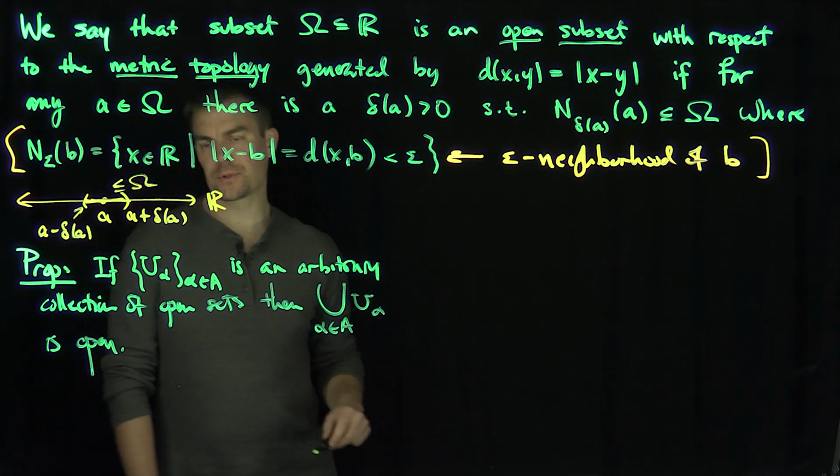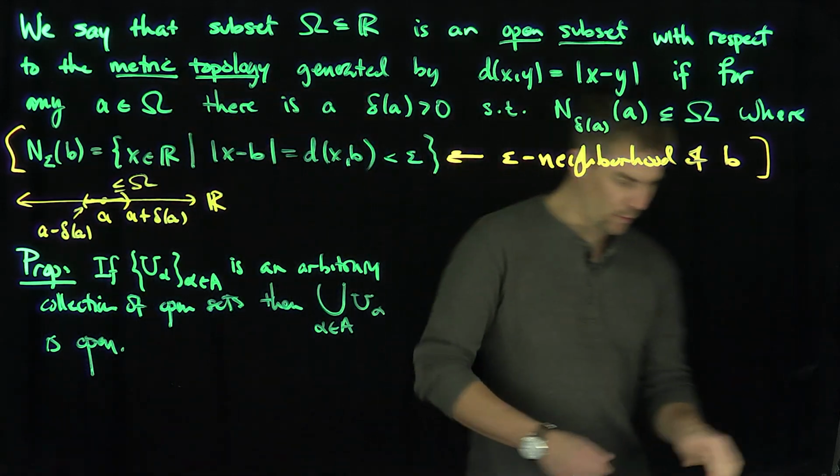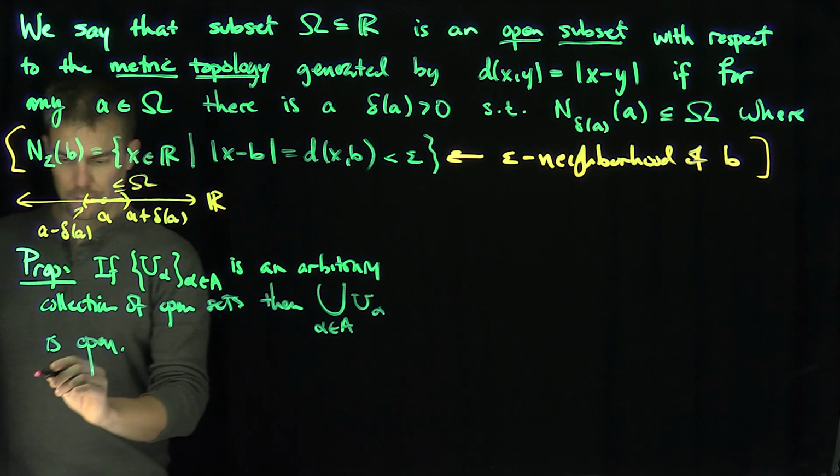That's the first proposition, and of course the proof is straightforward. How do we do that? Proof: let a be in the union over alpha in A of U alpha.